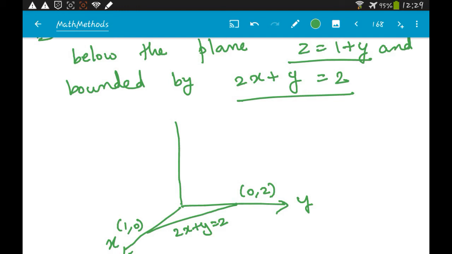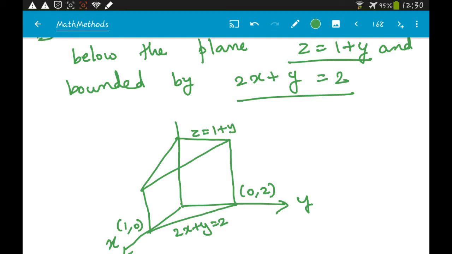Okay, next it is bounded by some plane, so let's say this is our z equal to 1 plus y.